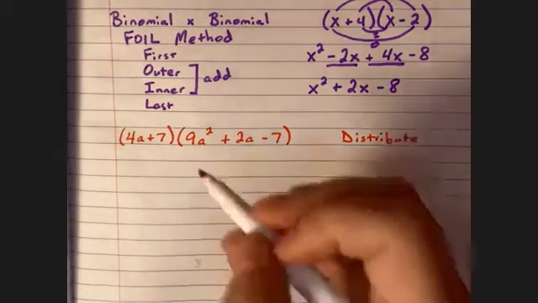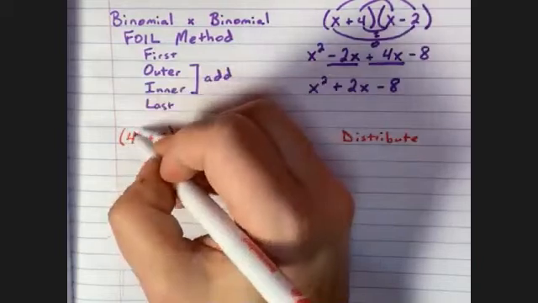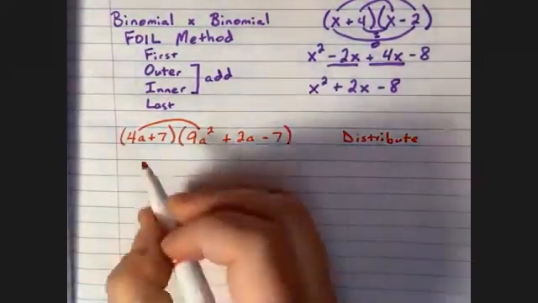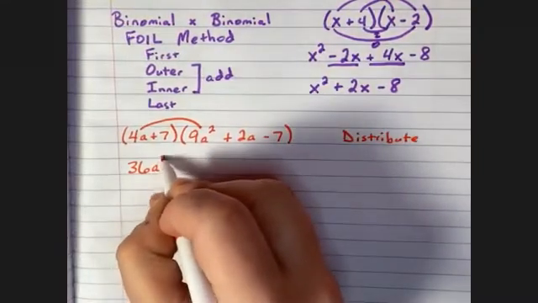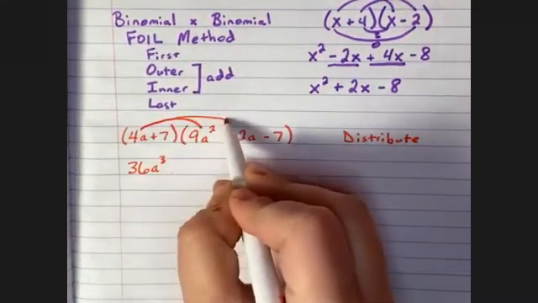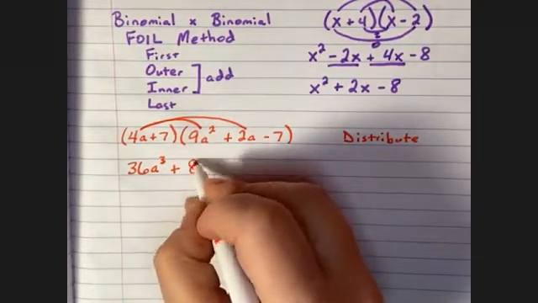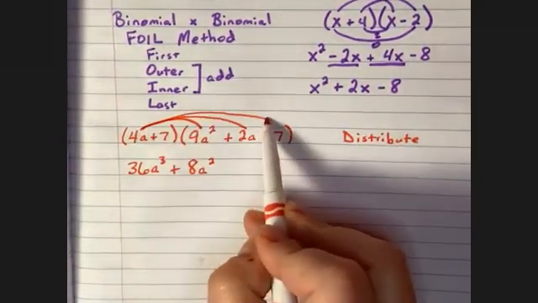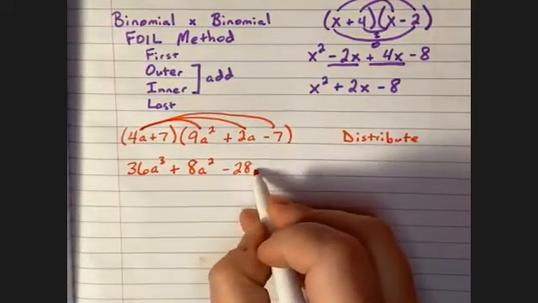But I'm going to do the first term times each thing in this second set of parentheses. So 4a times 9a squared, that's going to be 36a cubed. 4a times 2a is going to be 8a squared. And then 4a times negative 7 is negative 28a.